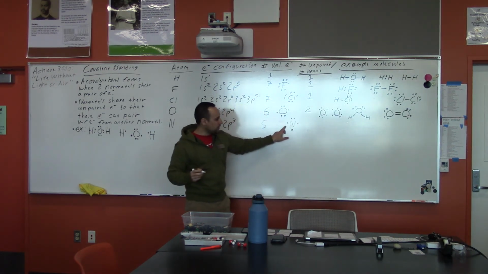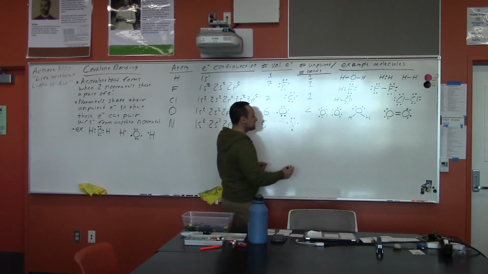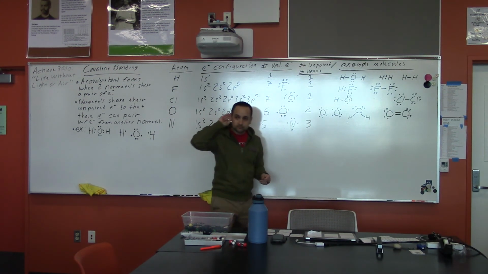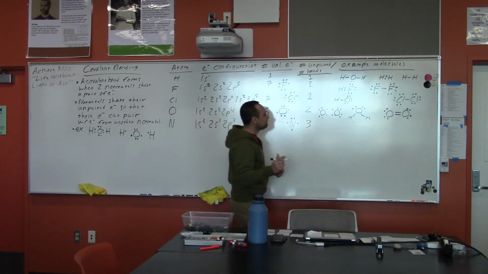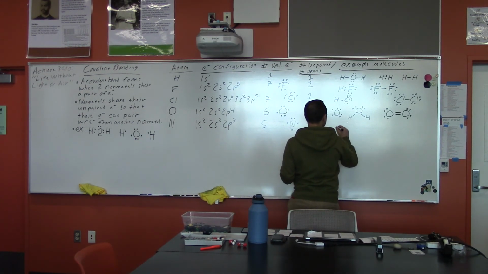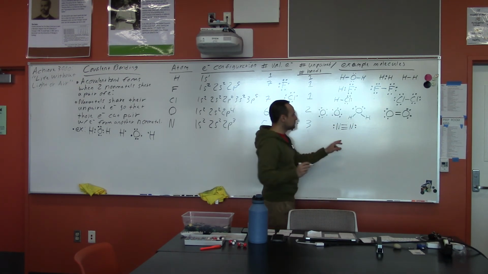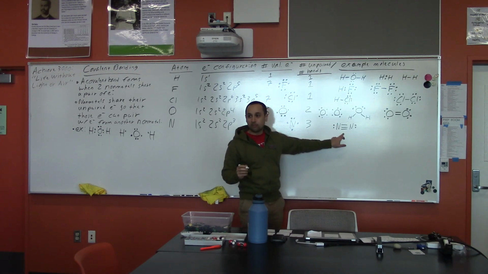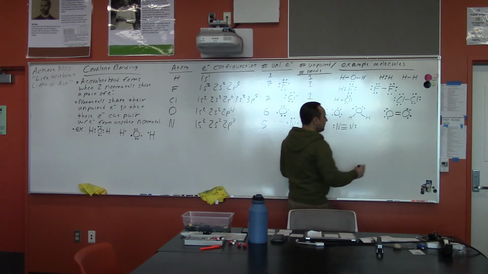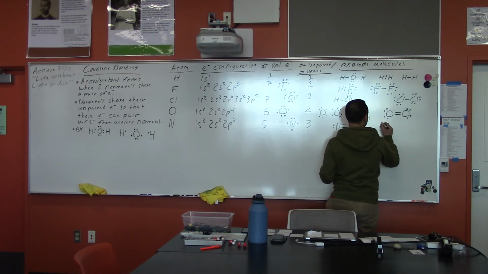And he has 1, 2, 3 unpaired electrons, so he makes how many bonds? 3 bonds, okay? And so nitrogen actually is the principal component of air. And he makes 3 bonds to himself when he bonds. So 3 bonds. This is called a triple bond. And he also can bond to hydrogen.